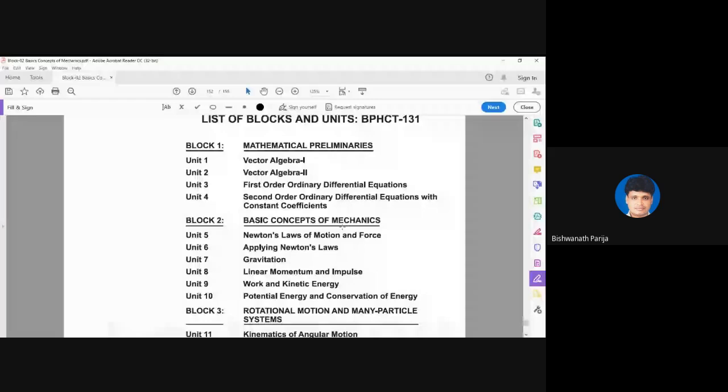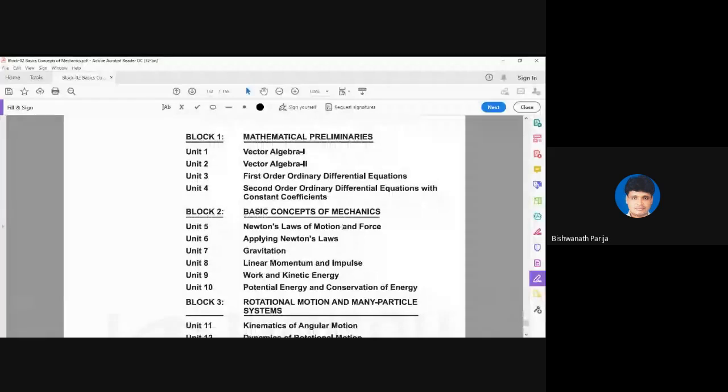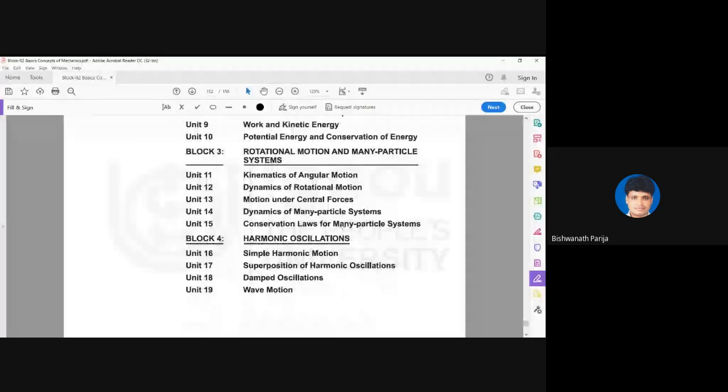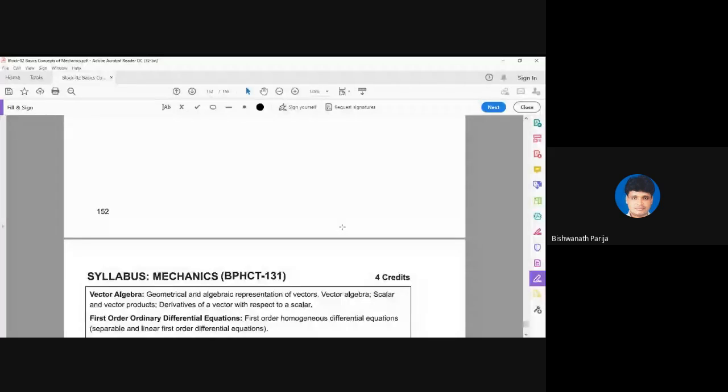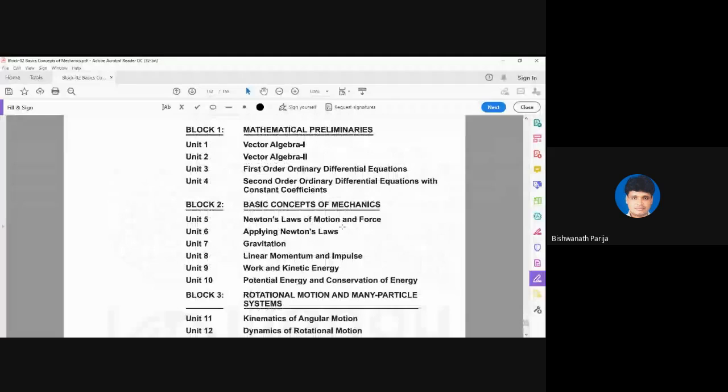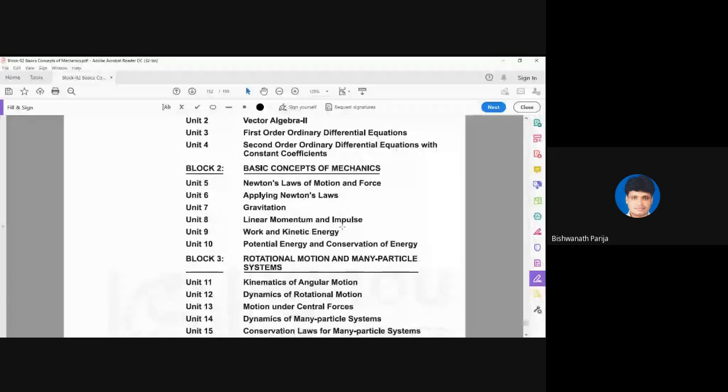So you see, everyone, in BPHCT-131 you have 4 blocks. Block 1 is purely mathematical, vectors and differential equations. Then the basic concepts of mechanics, Newton's laws, work.